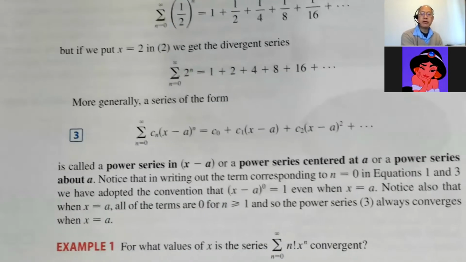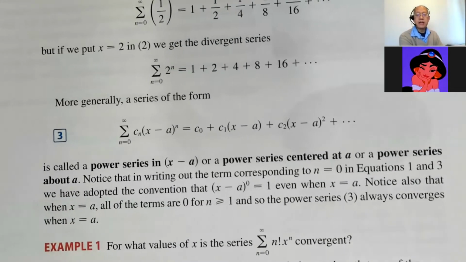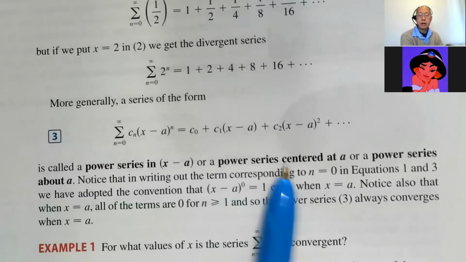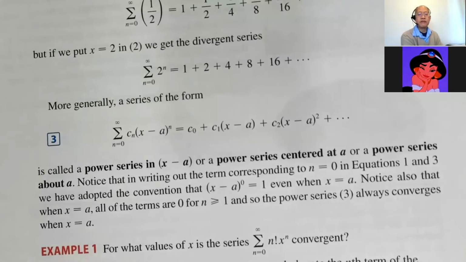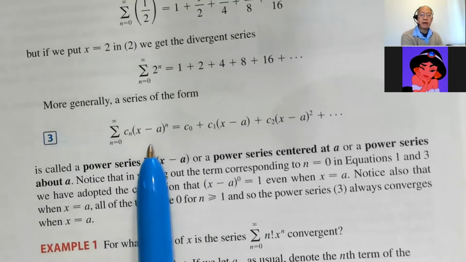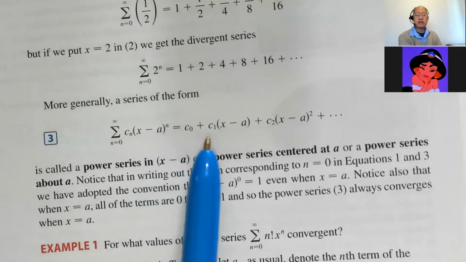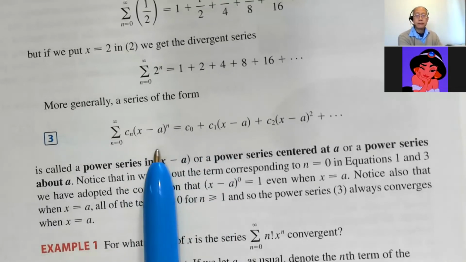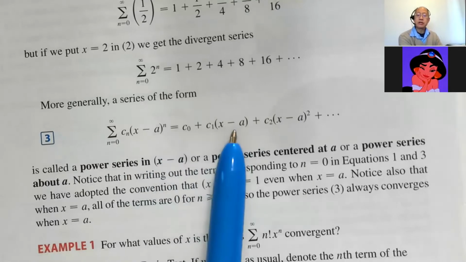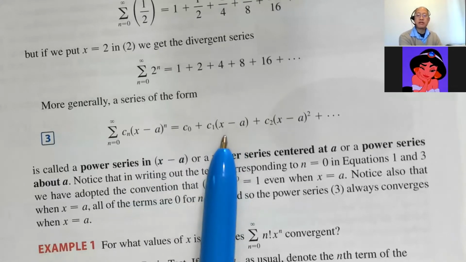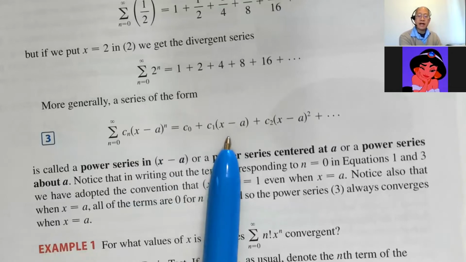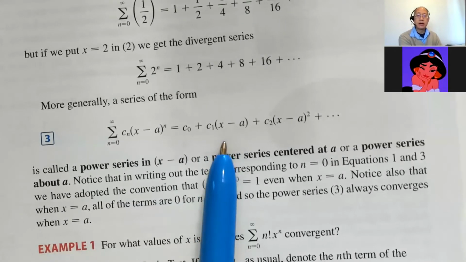That's called a power series centered at a, or a power series about a. Sometimes it's more convenient not to have x, but to have x minus a, like x minus 2 or x plus 5. If this was x minus 2, we would say centered at 2. If it was x plus 5, we would say centered at negative 5. You don't have to write any of that down. We'll see that.